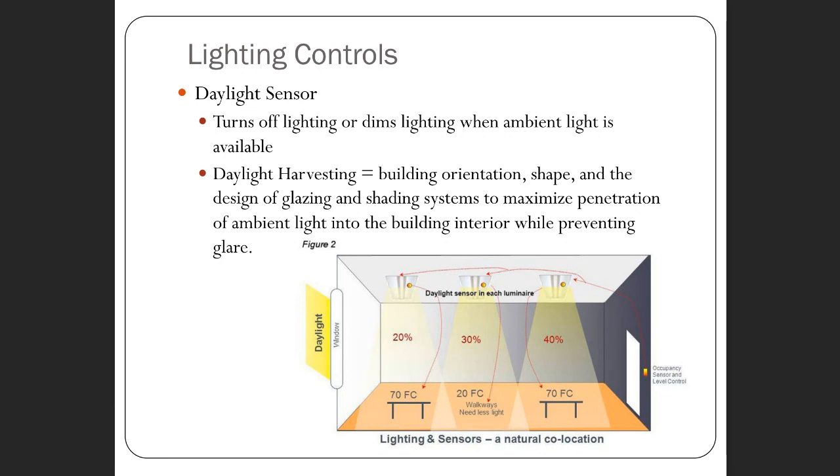So the lights would dim in response to the availability of natural light to illuminate the space. So again, this is technology that's becoming fairly common. Still relatively new, but becoming more common.